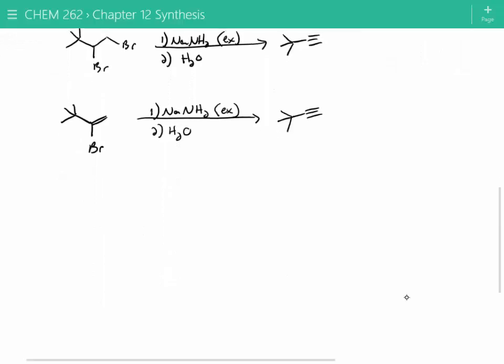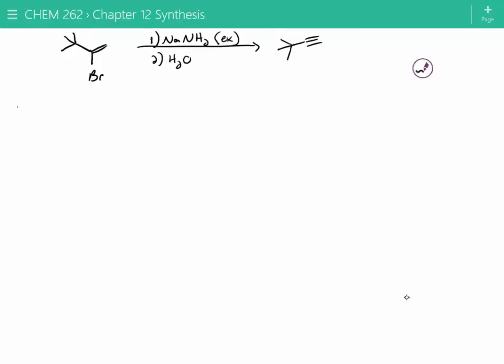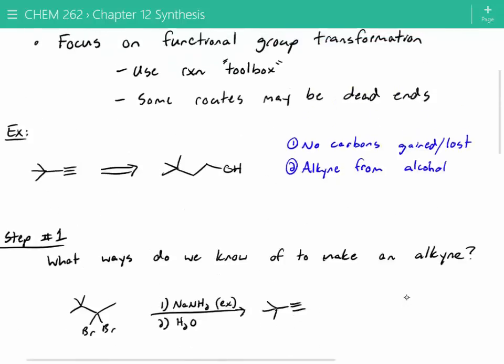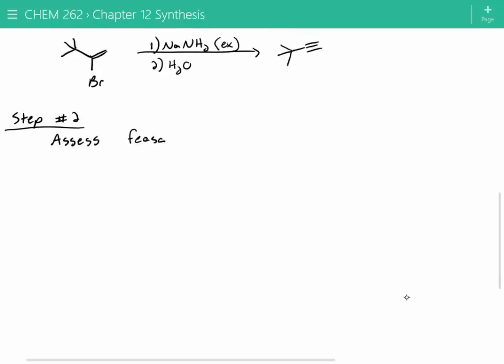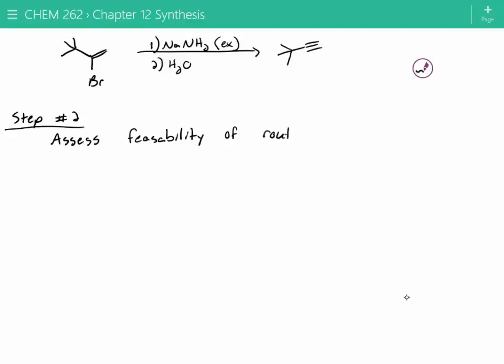So now we'll do step 2. Step number 2: assess feasibility of routes.